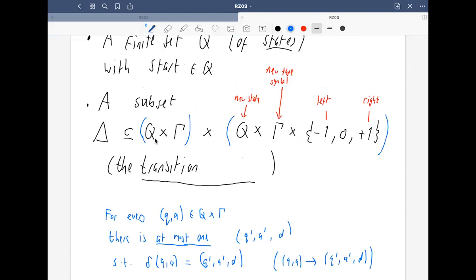These two components lie together because this is the state we're currently in together with the symbol we're currently looking at. And this triple here is the state we're going to move to together with the symbol we're going to write over the current one together with the direction we're going to move the head. And this is called the transition relation.